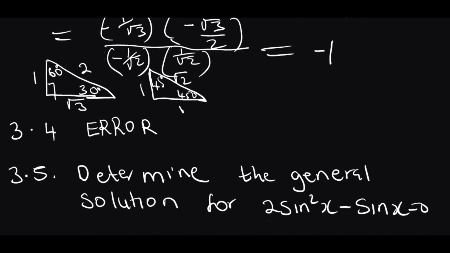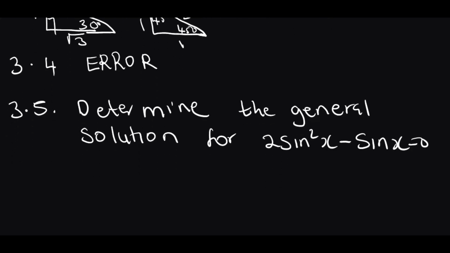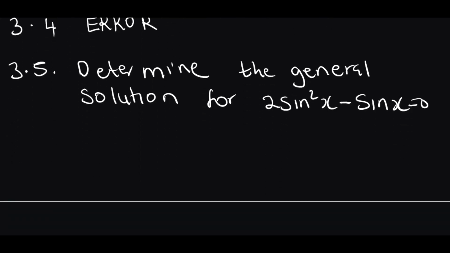Then we can just move on to 3.5, where we are required to determine the general solution for 2 sine squared x minus sine x, which is equal to 0.